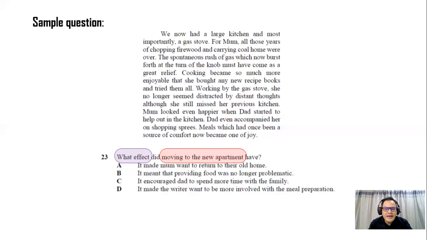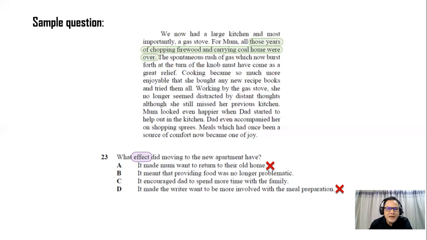So we can eliminate option A because her mom didn't want to return to their old home, even though she missed her old home. And then we can eliminate option D because the writer was not involved with the meal preparation. So we are left with options B and C, whereby both look plausible.